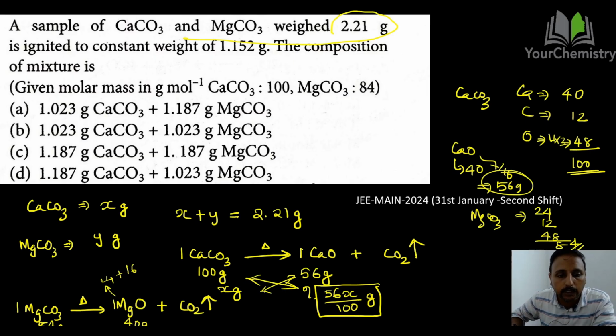So in the given question we are taking how much grams of magnesium carbonate? y. So y will give how much? You can easily find out the weight of magnesium oxide that is going to be formed will be 40y by 84 grams. Okay, so after heating the mixture, you will be left with calcium oxide and magnesium oxide.